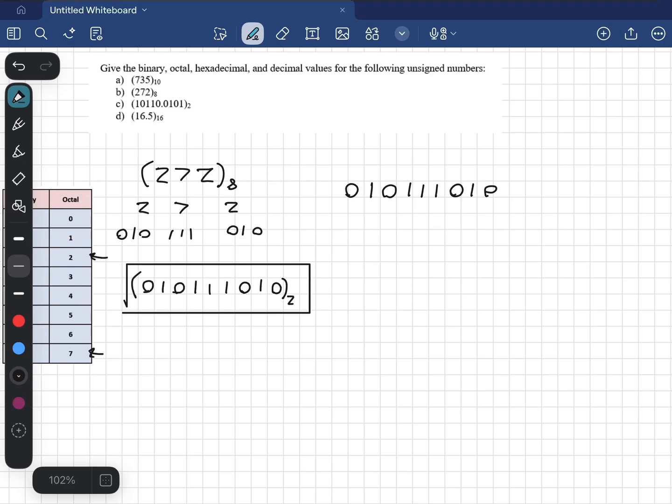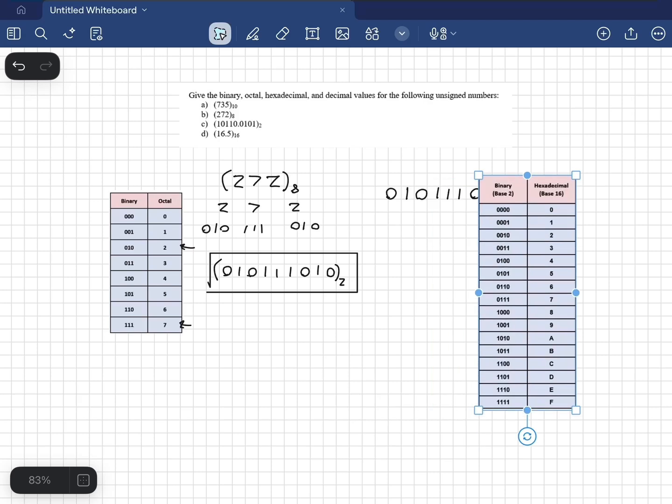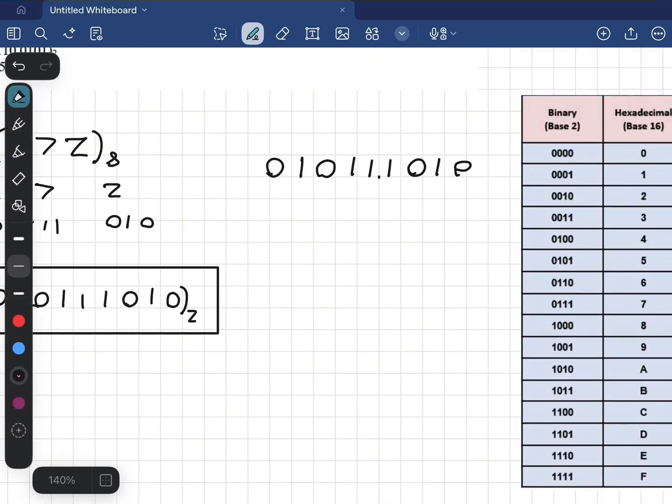So if we rewrite our number, 0, 1, 0, 1, 1, 1, 0, 1, 0, we can reference that hexadecimal table and make those groups of 4. And you'll see that the leading term on the left side is just a 0, so we can cross that out.